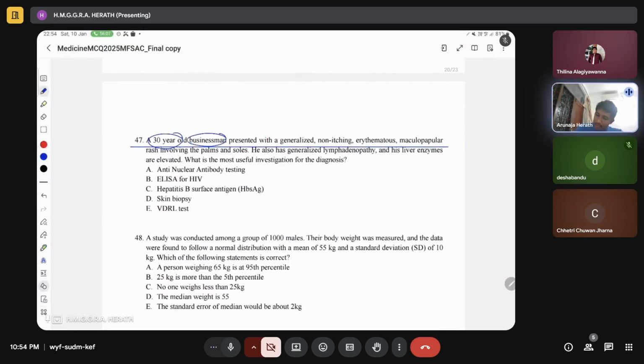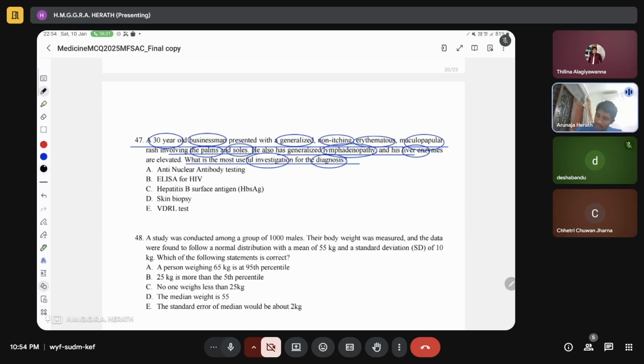A 30-year-old businessman presents with generalized non-itching erythematous maculopapular rash involving palms and soles. He also has generalized lymphadenopathy. His liver enzymes are elevated. What is the most useful investigation for diagnosis?